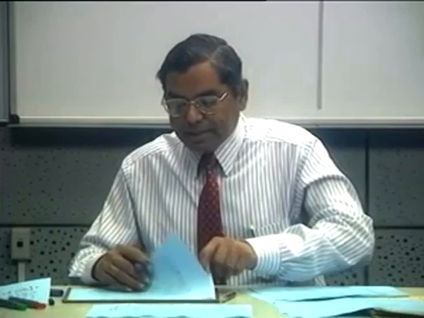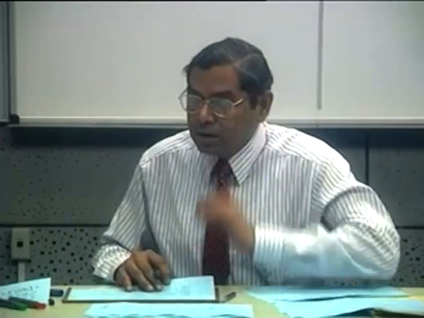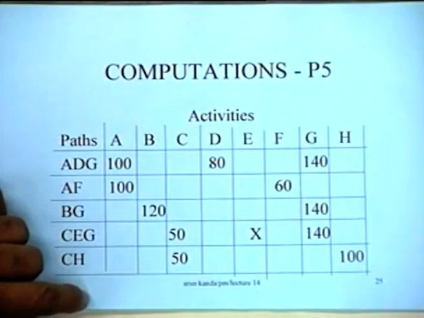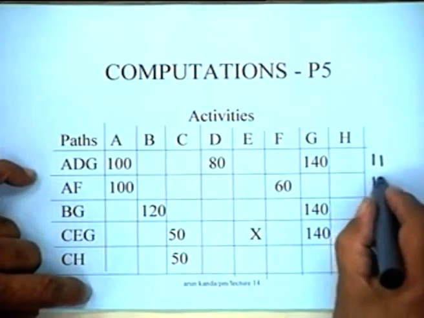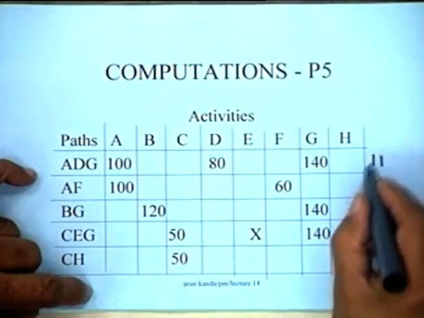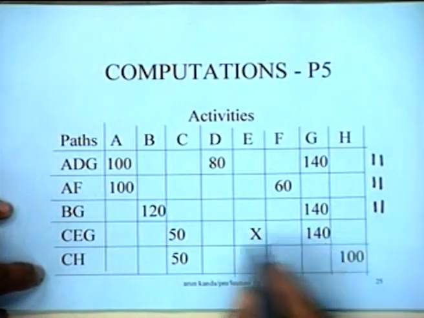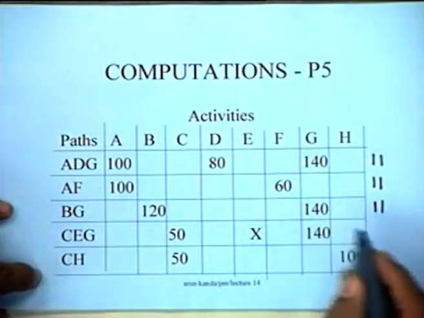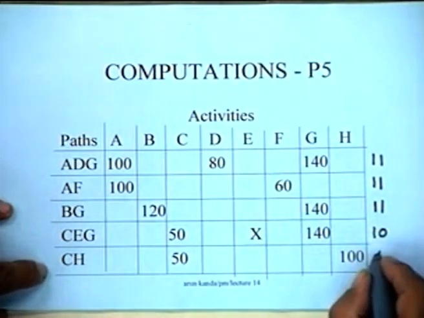At point P4 we had the durations of these paths as 12, but after crashing D, F and B, all these three paths will become of duration 11 each. As far as CEG was concerned, no activity on this particular path has been crashed in this iteration, so this will remain at 10, and this will come to 5.